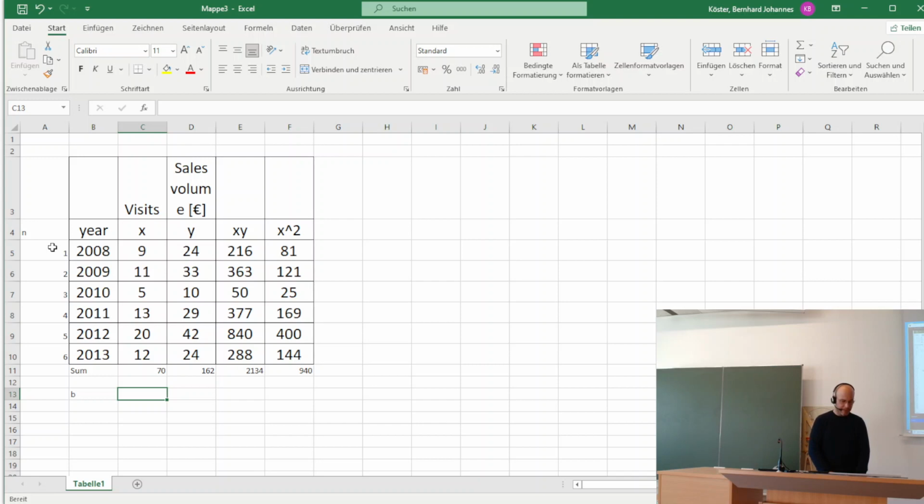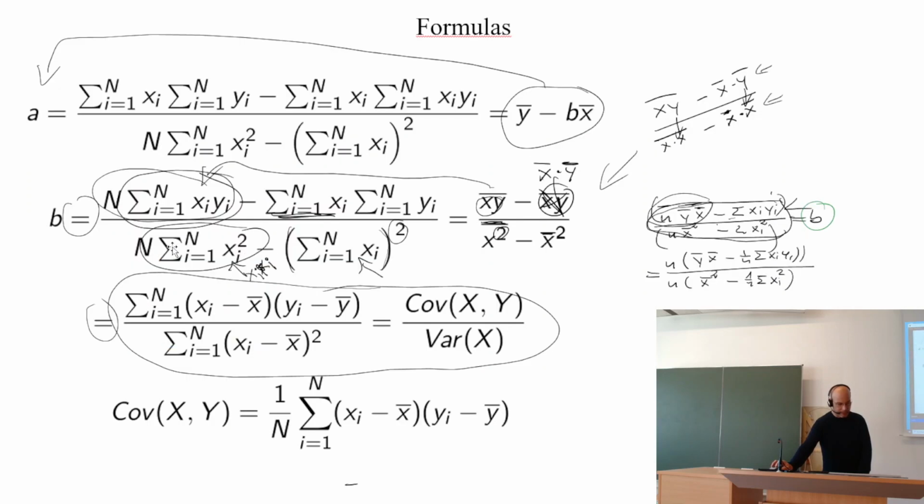So for B, we now know the average of x times y and times n.